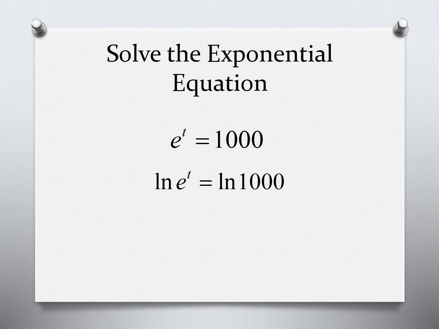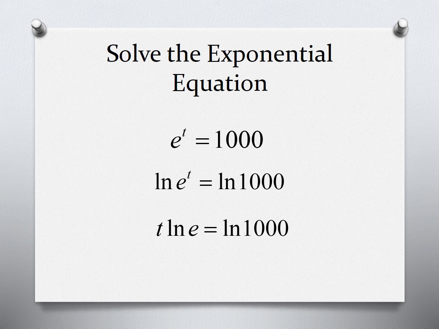And so ln of e raised to the t is equal to ln of 1,000. We're taking the natural log of both sides, and then we can pull that t down out of the sky. That's the beauty of using the properties of these natural logs.